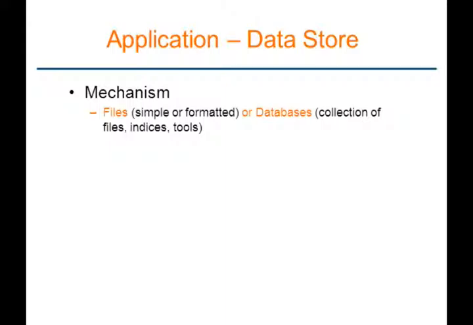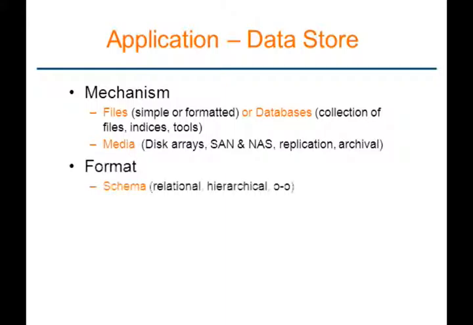The files could be formatted or simple, or they're going to be databases, which are a collection of files with lots of indexes and tools. An important part of data store is what kind of media we are storing it in, and its speed and availability are all issues in planning a system which is going to use disk arrays and SANs and NAS, which is network attached storage, replication, all kinds of media activities based upon how useful that data is.